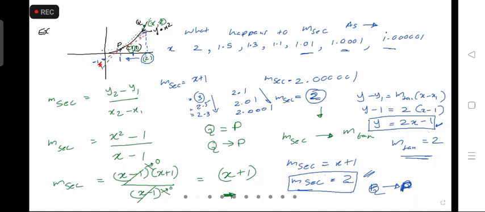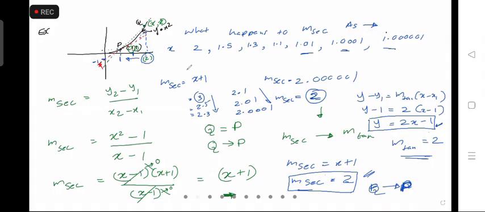You need to apply limits to bring the point Q very near to P. Here we did it a little bit manually to understand what is happening inside. Later we use different ways to apply the limits to bring this Q point onto P.